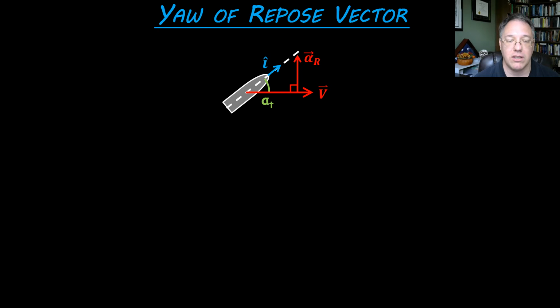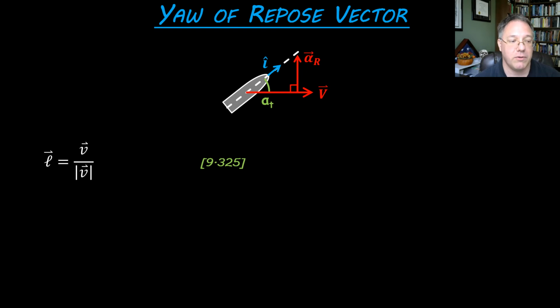So instead of using a yaw angle alpha t measured in degrees, mils or radians, we have defined a vector with components in 3 space that define how far our nose is pointing off of the velocity vector. It doesn't have a force associated with it. It's just a definition of our angle. But it is a vector, and we'll put R as the subscript because it's the yaw of repose.